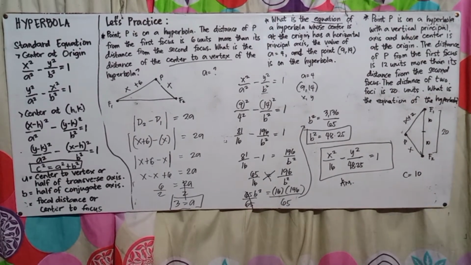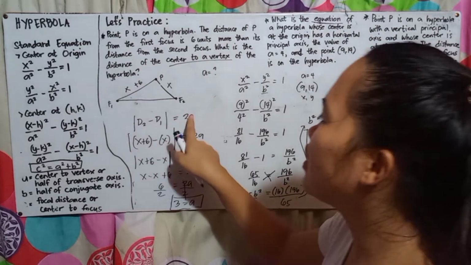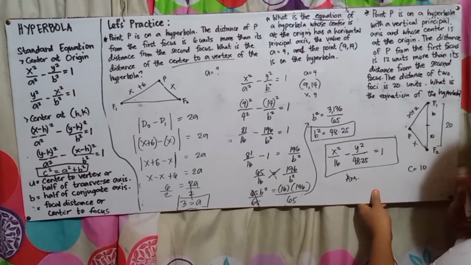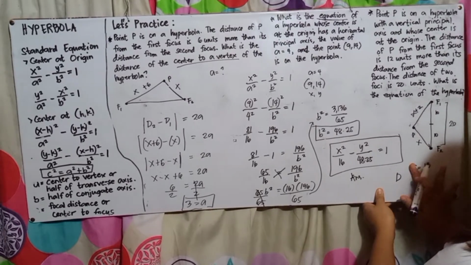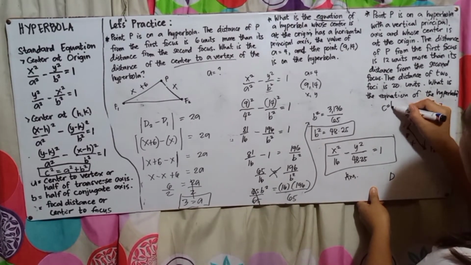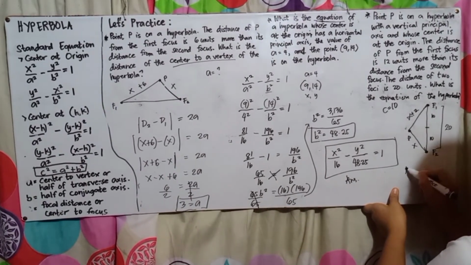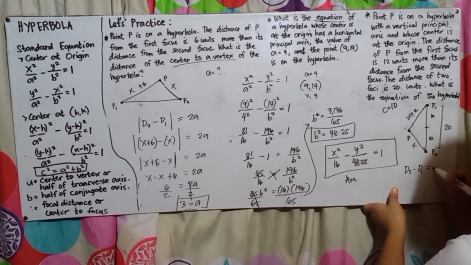To compute for a, distance 2 minus distance 1 equals 2a.